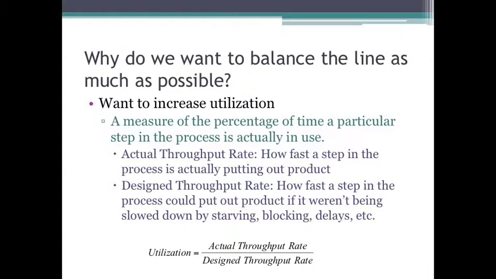Now, I'm not going to go into the math details as to why utilization of exactly 1 would be bad. But suffice it to say that, well, have you ever seen a traffic jam? A traffic jam is a utilization of 1 in a case where there is uncertainty, where there is variation in the process. Now, we'll talk a little bit later in this chapter about why uncertainty is bad for a process, and that's pretty much why.